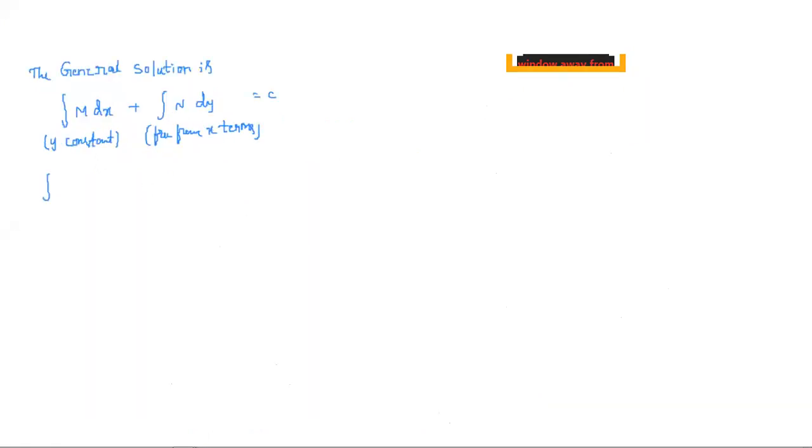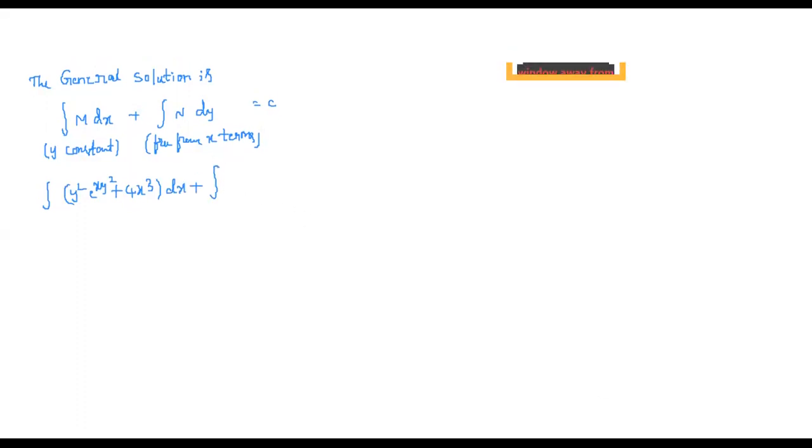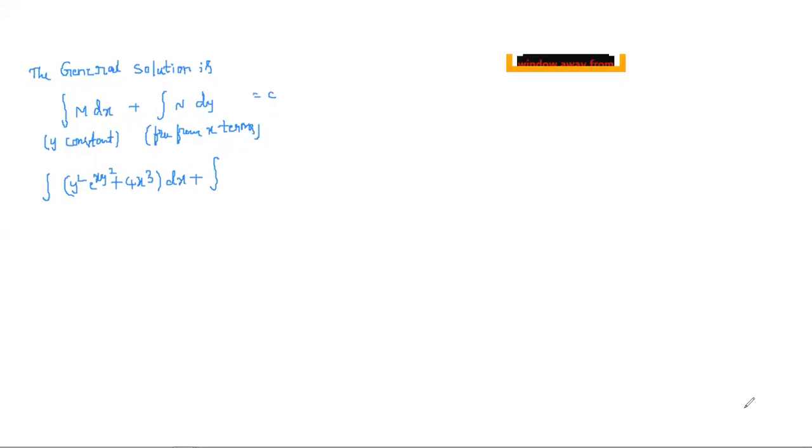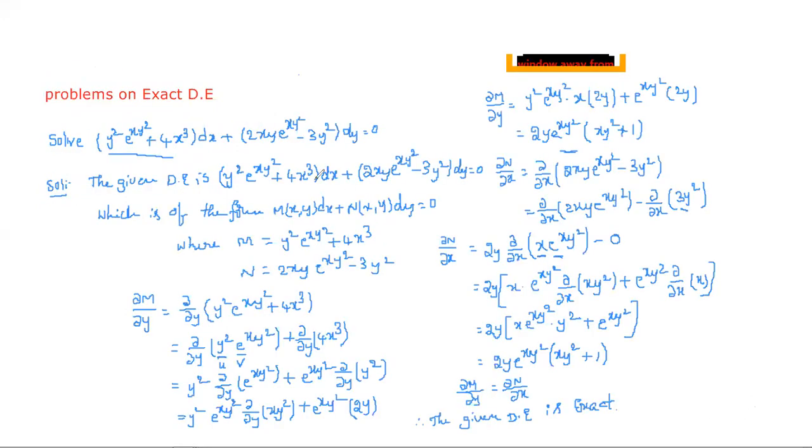Integral y square e power xy square plus 4x cube dx plus integral n dy. Is it necessary to choose the overall n? No. Free from x terms. Without having x, which term we have, that one only we have to choose.